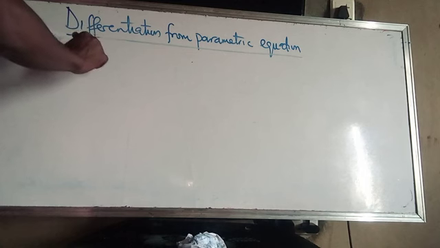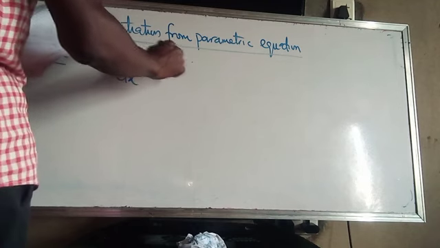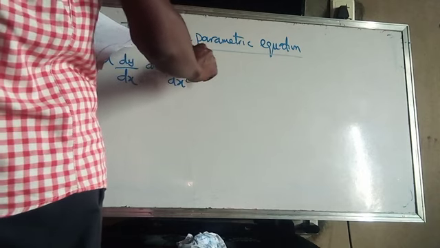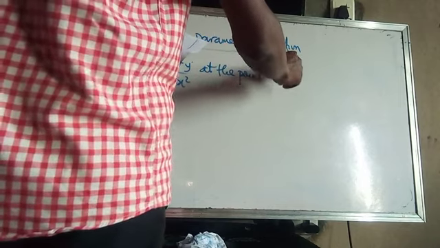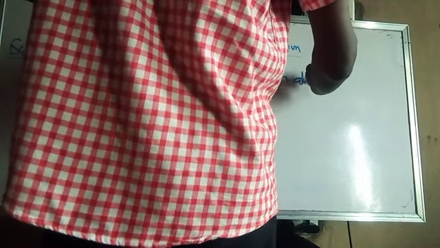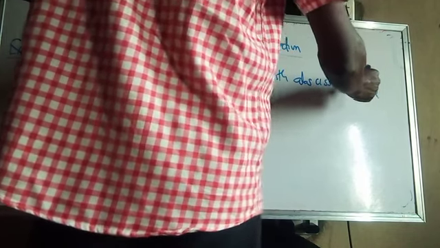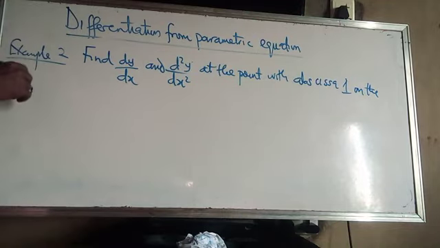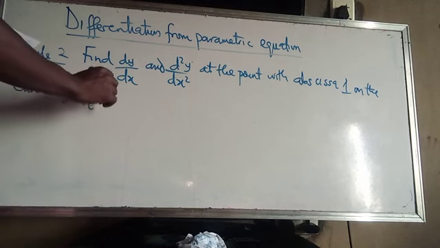Find dy/dx and d squared y over dx squared at the points with abscissa 1 on the curve y equals 1 over t, x equals 2t.